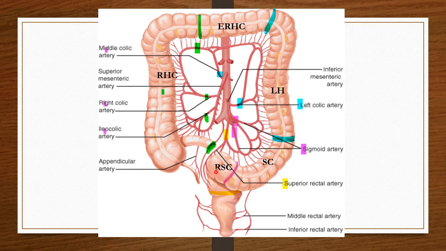And the last one is your rectosigmoid colectomy, where part of the rectum is also removed together with the sigmoid colon. In this section, the superior rectal artery also has to be ligated. Apart from your sigmoid arteries, the superior rectal vessels must also be ligated.